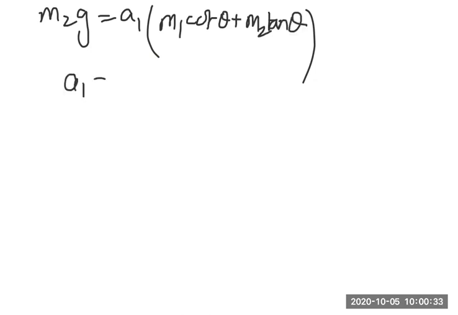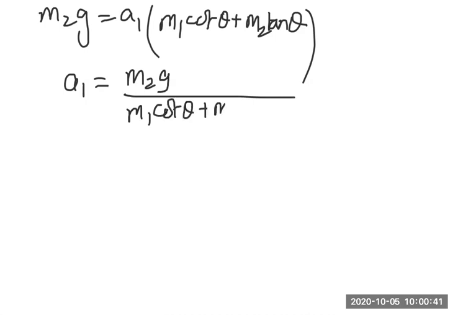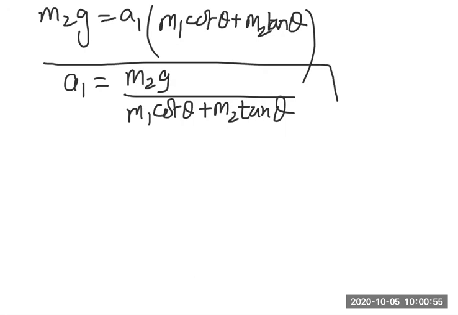So A1, which is what we were supposed to find, is M2G upon M1 cot theta plus M2 tan theta. And now trigonometric ratios you already know, and you can work out how else this can be written. I am leaving the answer as it is.